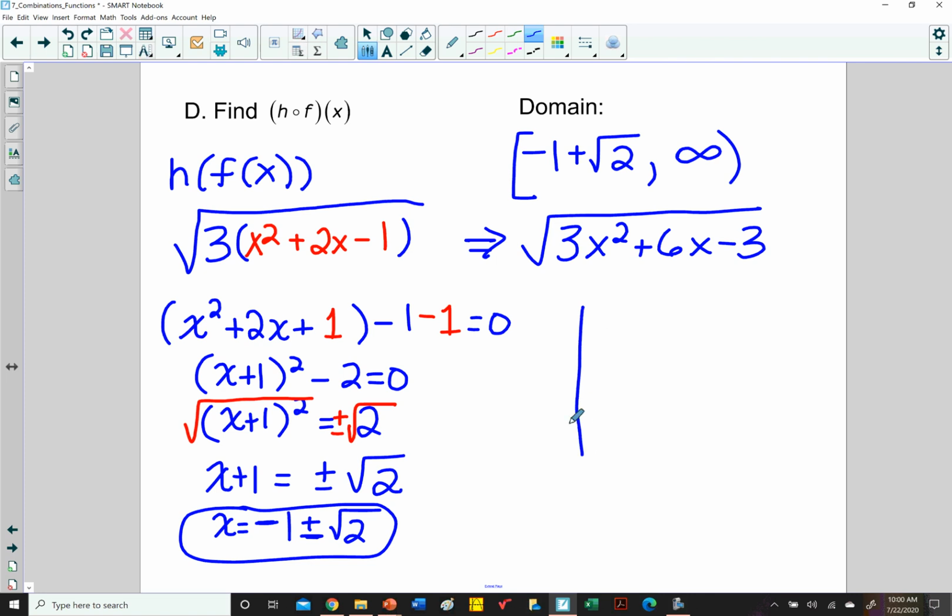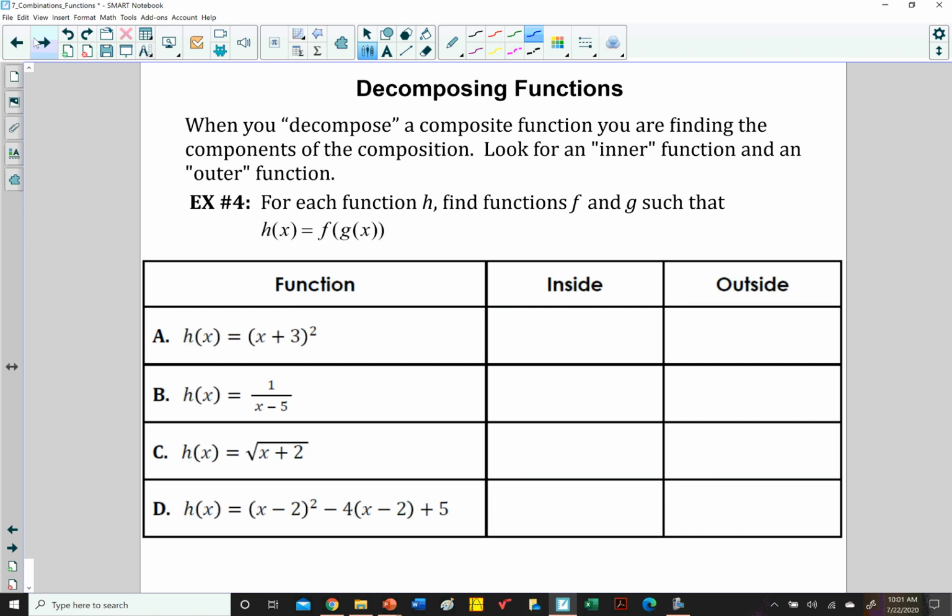And it's going to have a starting point somewhere about 0.41 and go off to the right. Okay, so a little calculus analyzing going on there.